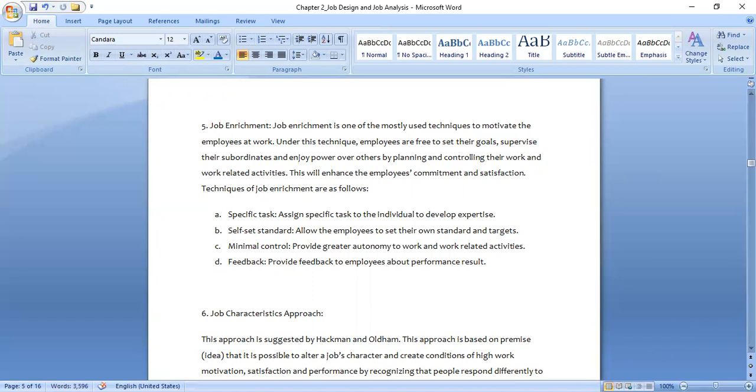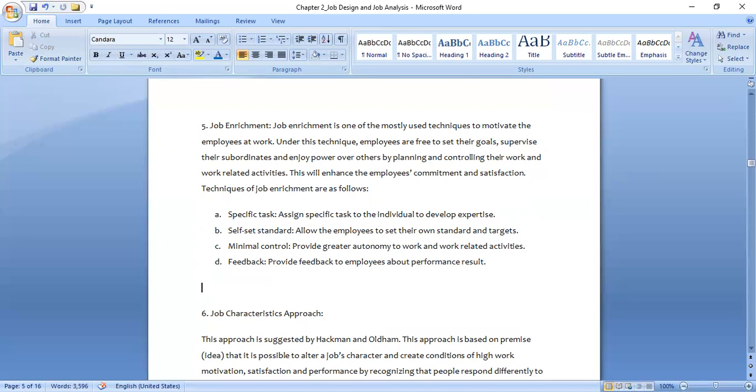So you give them a particular task, but the essence of giving them that task is to develop their area of expertise, their career. And then also you can give them a self-set standard, right? Self-set standard is that you allow these employees to set their own standards and targets and be able to meet them.